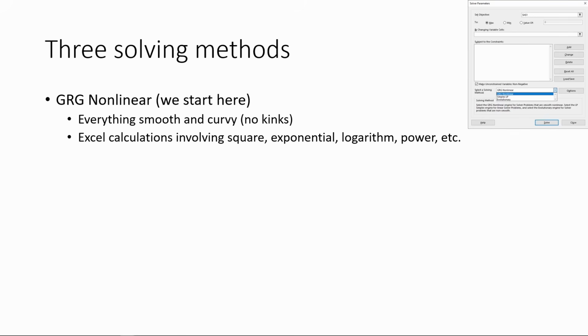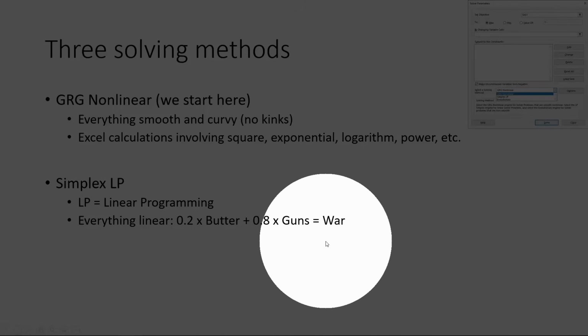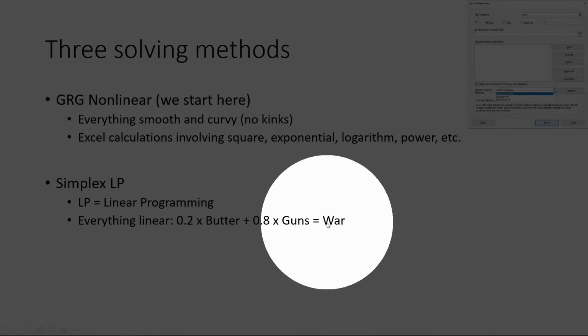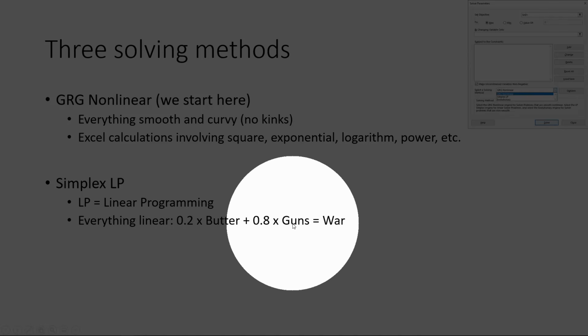And the second solving method is called simplex LP. Here LP stands for linear programming. Since this is a general introduction, I try not to get into more details, but generally speaking, let's say you are trying to win the war, and that's your objective, and the war is a function of how much butter you can produce and how many guns you can produce.